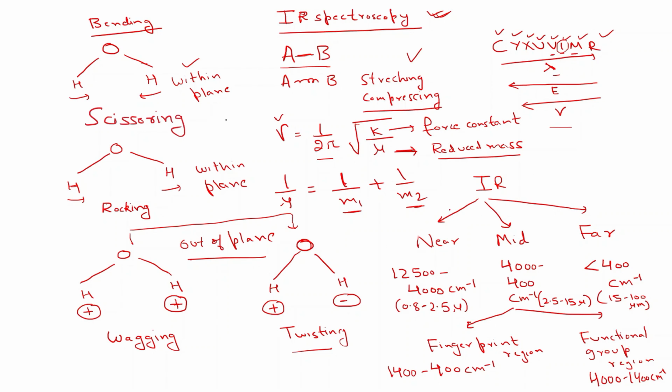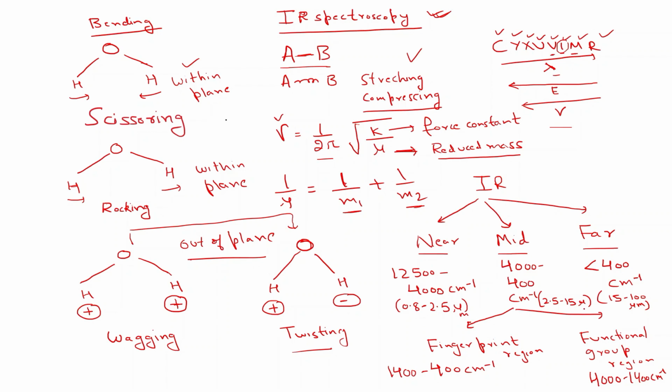Now we can divide IR spectroscopy further into three regions: near IR, mid IR, and far IR. Expressed in wave numbers, the near IR region lies between 4000 to 12000 centimeter inverse, that is 0.8 to 2.5 micrometer.